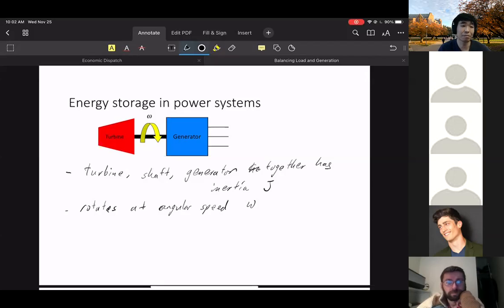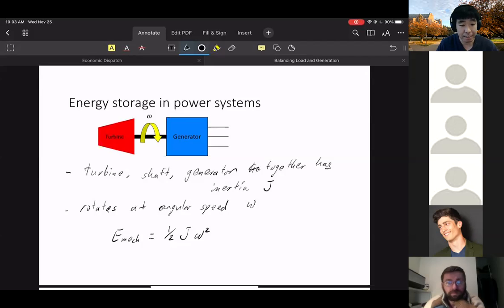For a rotating system, if the inertia is J and the angular speed is omega, it's 1/2 J omega squared. Right, so this is the mechanical energy that we have in the system. So this J being non-zero gives us some inertia, and this gives us some storage in the form of energy storage. Okay?